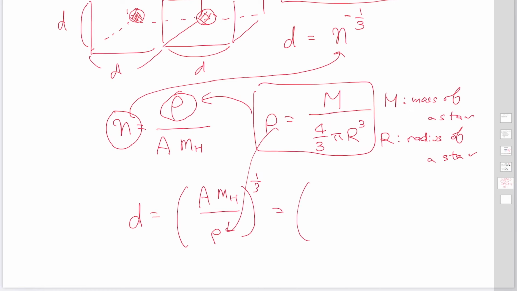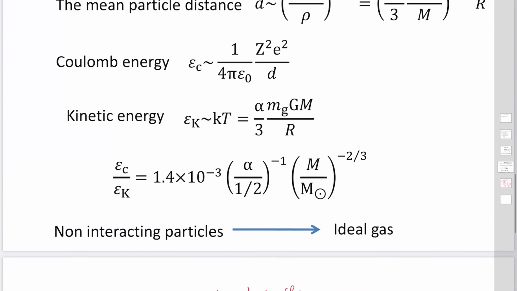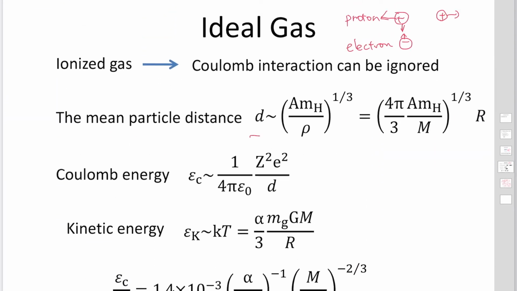It becomes 4 pi over 3 A m_H over capital M to the 1 over 3 times r, where r is the radius of the star and M is the mass of the star. So we have this equation for the mean distance between the particles.